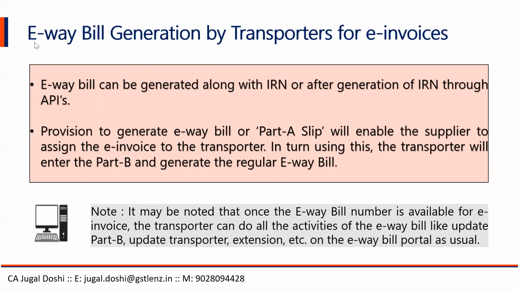If you generate both at the same time, then your e-invoicing data would also contain your e-way bill data. In the e-invoicing form, there is an optional tab wherein you can fill our e-way bill details. But if we generate at a later date, the e-invoicing may not have the e-way bill data, and later, if required, we will have to do the manual reconciliation and prove it to the tax officer.